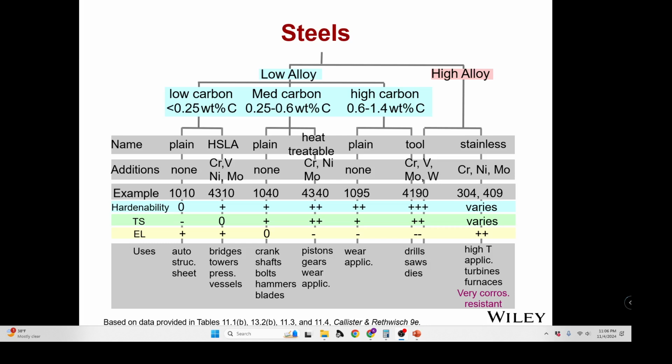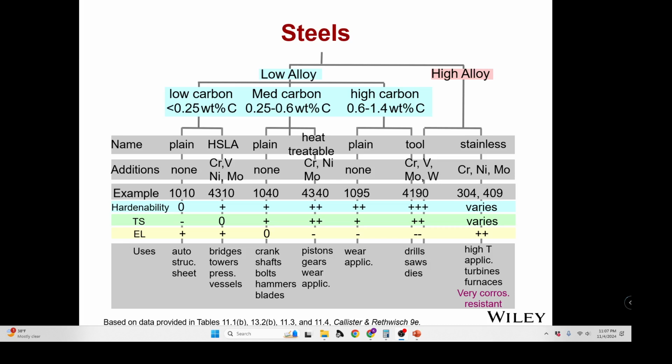So a low alloy steel, like a 4310, is going to be things like bridges, towers, pressure vessels, so structural components, things that are more resistant to corrosion. Those low alloys are sort of hardenable.